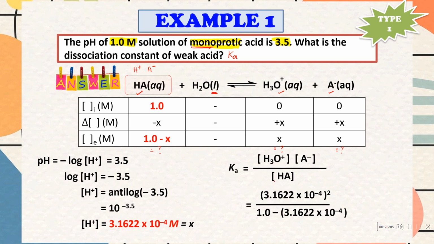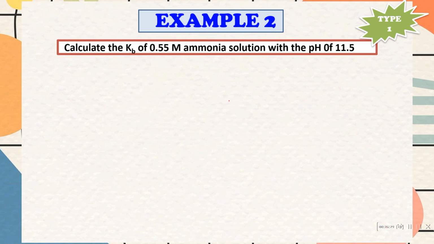X here is referred to this. And for the concentration of HA, it is 1 minus X. So finally you will get the Ka value here is 1 times 10 power of negative 3. And remember, Ka has no unit. Alright, next we move to the second example.